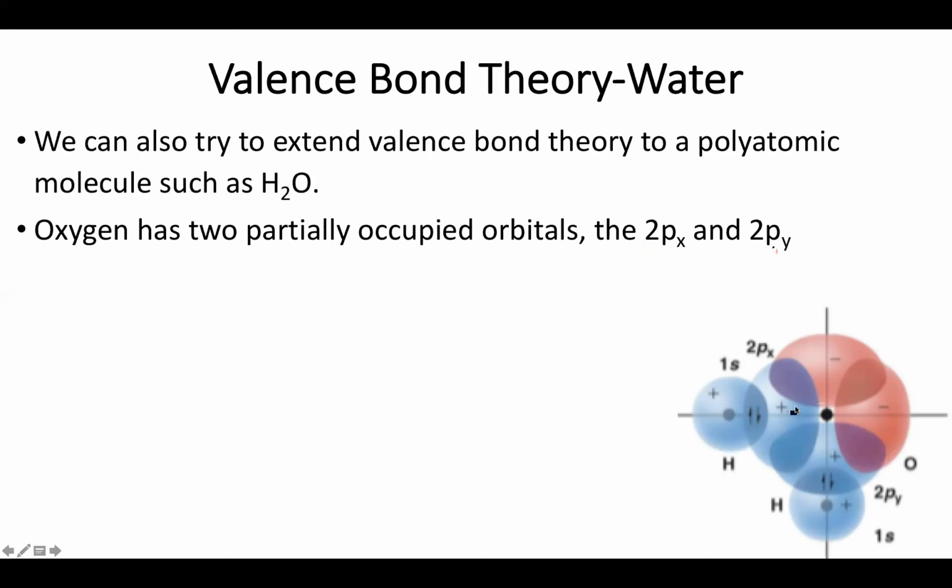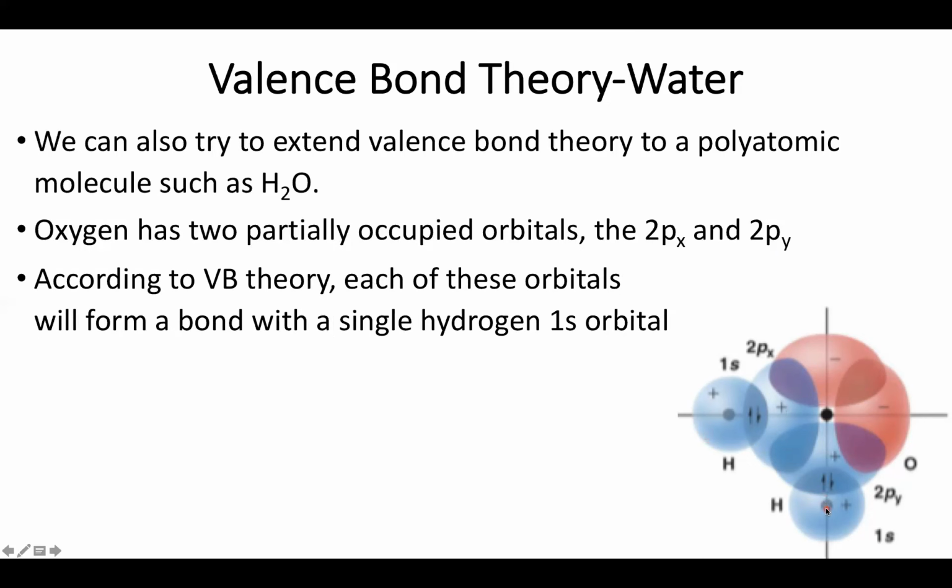So my bonds are going to come from the overlap of the px with the 1s and the py with the 1s. So this gives me two sigma bonds because they are direct overlaps. And that's water. It's two lone pairs, fully filled orbital shells, and two bonds made from overlapping valence shells.